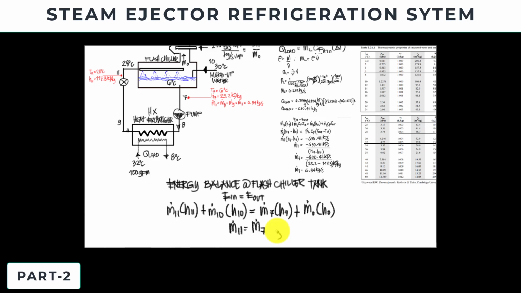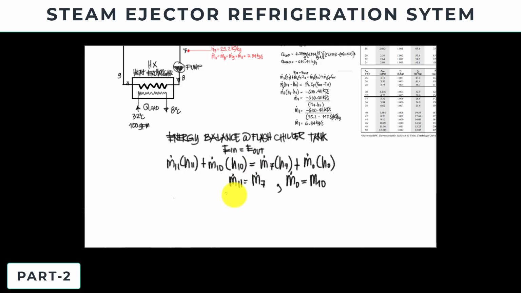And also noting that our mass flow rate of makeup water is also equal with the mass flow rate of O. Mass flow rate of O is equal to the mass flow rate of 10. So every time that the vapor leaves the liquid of the flash chiller, automatically a makeup water will replace the amount of vapor that is leaving.